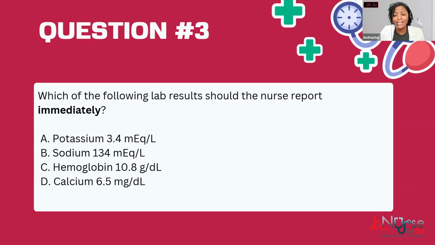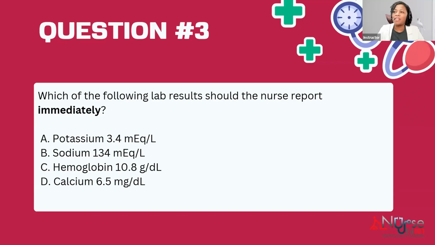So this question is really just measuring your knowledge of those values. This is why we've got to know our values. Each of those values looks abnormal. Our potassium should be between 3.5 to 5, so there's a slight variation there, but not too significant. Our sodium should be anywhere from 135 to 145.